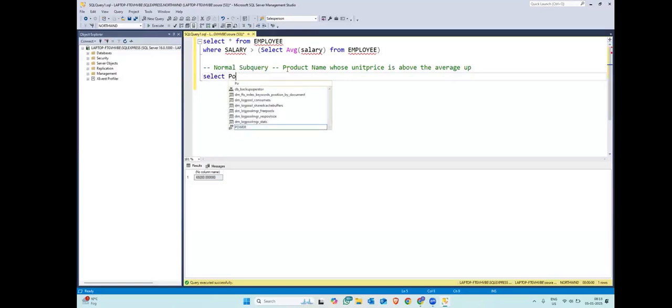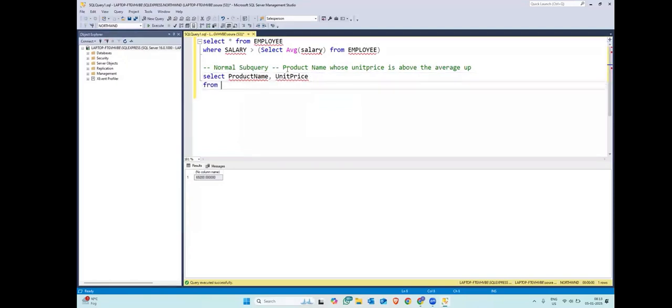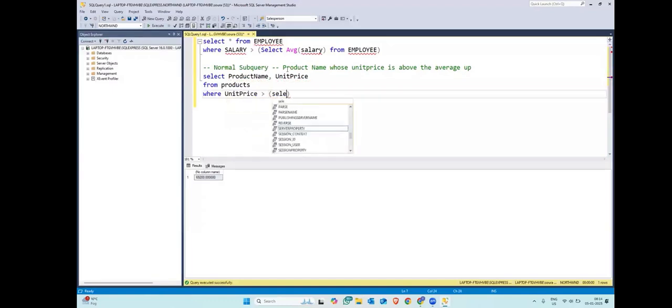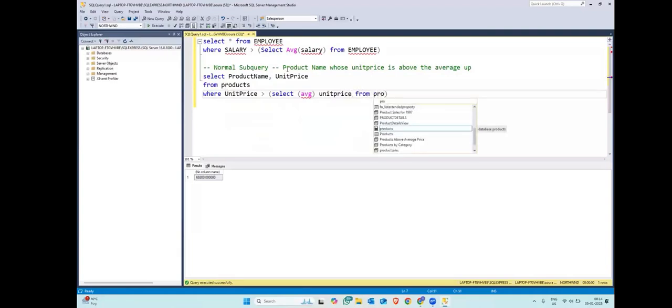Select product name, comma, unit price from products where unit price is greater than, select average unit price from products.